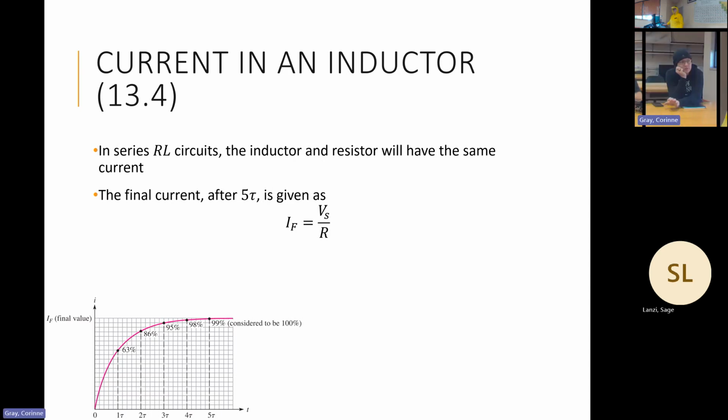But why? Not because it's Ohm's law. Why can't I use Ohm's law? So we don't need the inductance. You don't need to include the inductor in finding the final or the maximum current value.